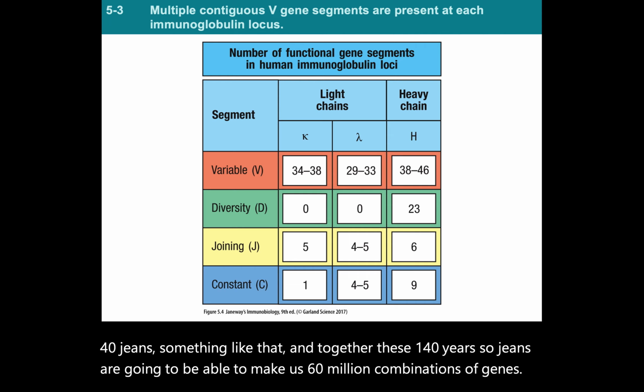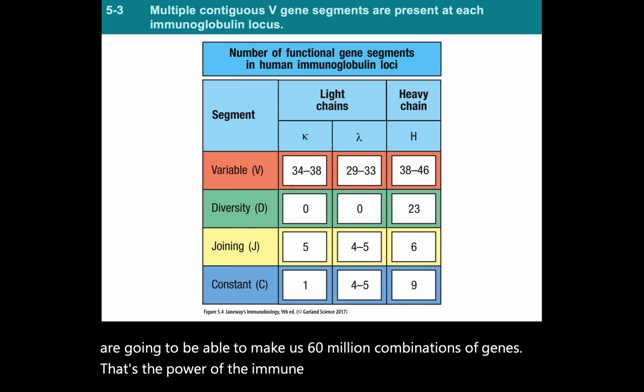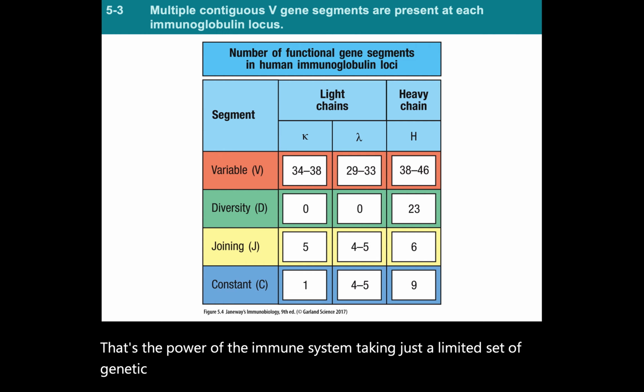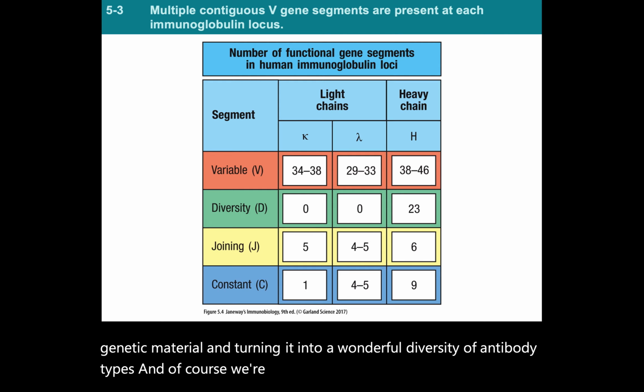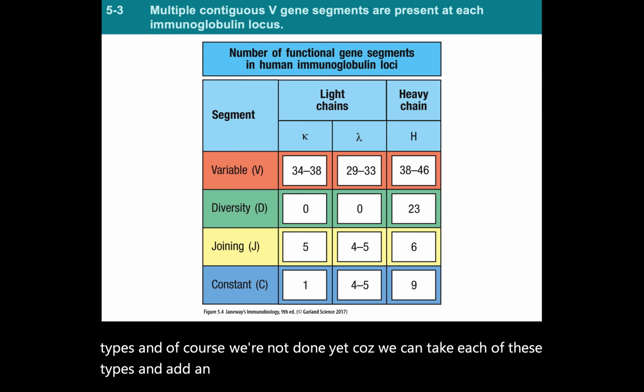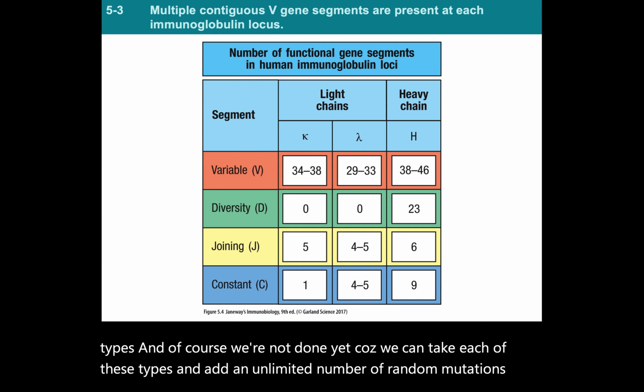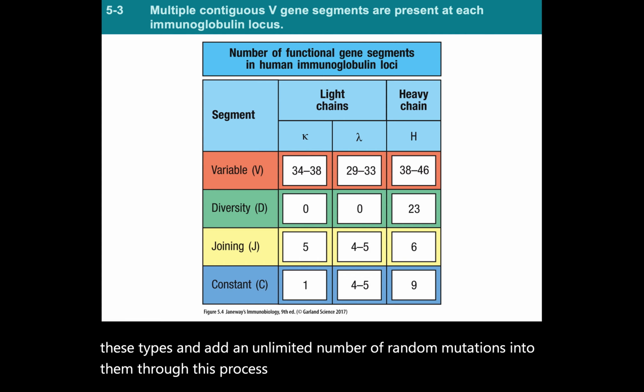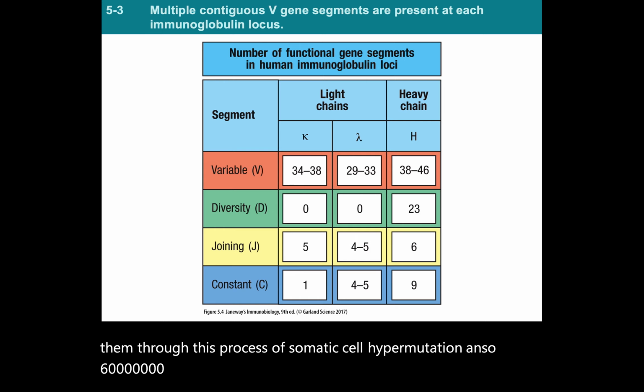That's the power of the immune system, taking just a limited set of genetic material and turning it into a wonderful diversity of antibody types. And of course, we're not done yet, because we can take each of these types and add an unlimited number of random mutations into them through this process of somatic cell hypermutation. And so 60 million is the 60 million starting points.